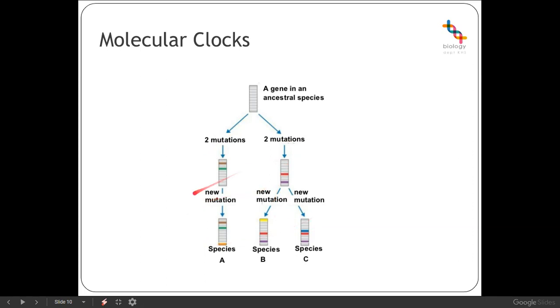So that allows us to figure out which ones came first and which species have been originally related to each other. Worth pointing out actually that the greyed out sections, so here and here, are actually areas where they would match up. So all of these species have got identical genomes. The highlighted and coloured sections are the new mutations which have occurred.